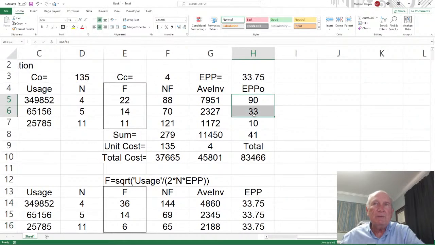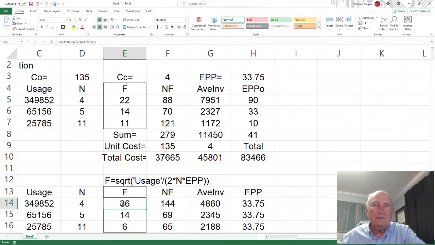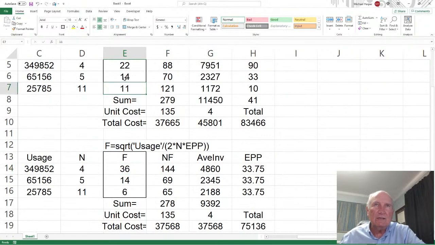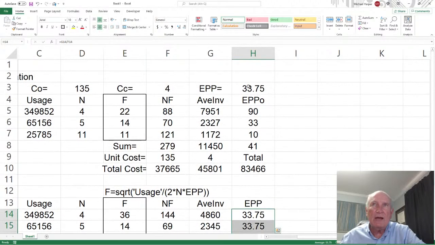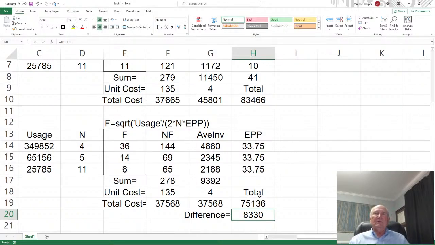The EPPs are not balanced at all. So if you take the frequency here of the A class and increase it, and the B pretty much stays the same, but the C you decrease, such that these EPPs are in line with the optimal EPP, what happens is you begin to decrease the costs significantly. And here it would decrease the cost by $8,330 a year.